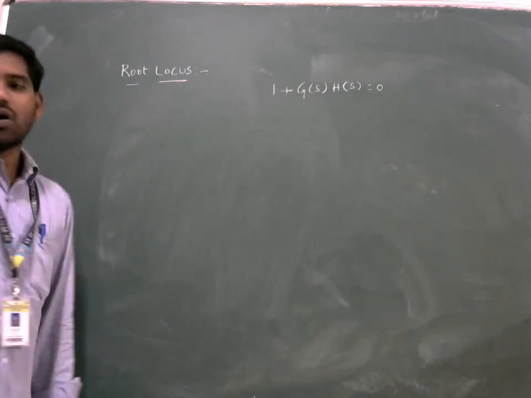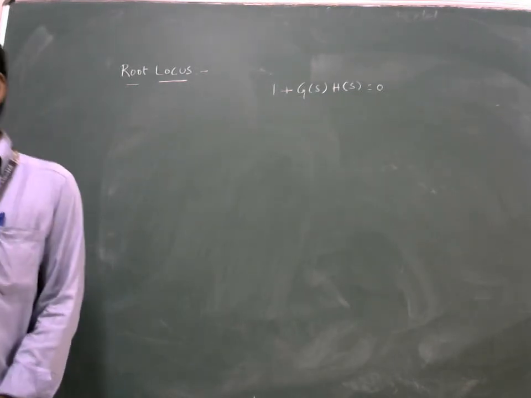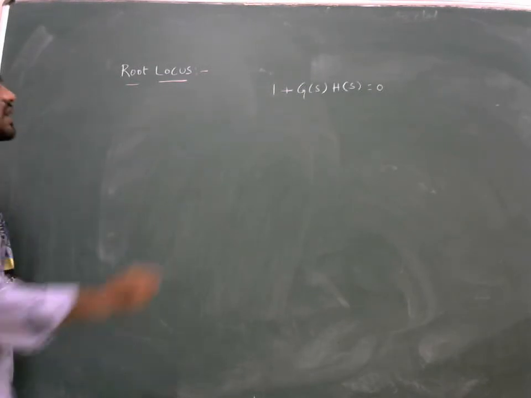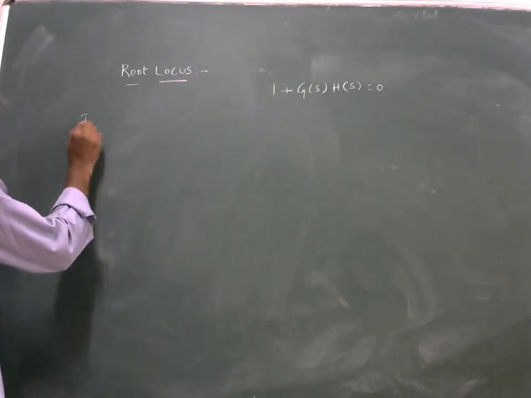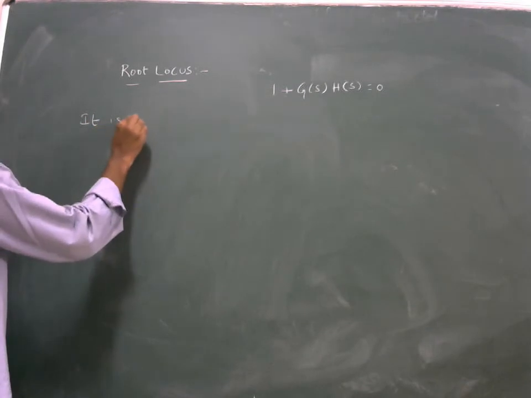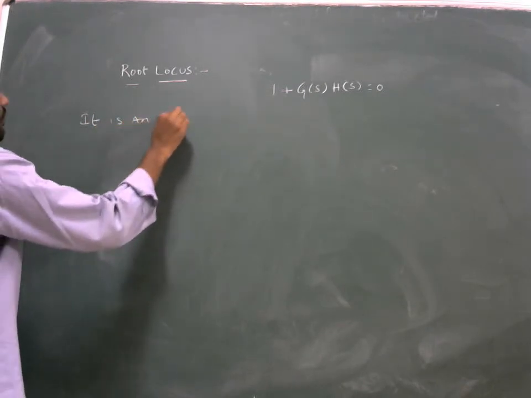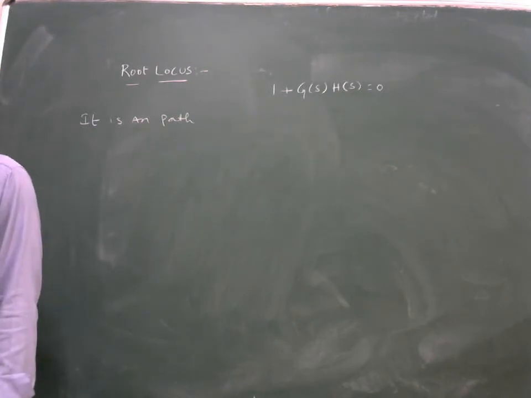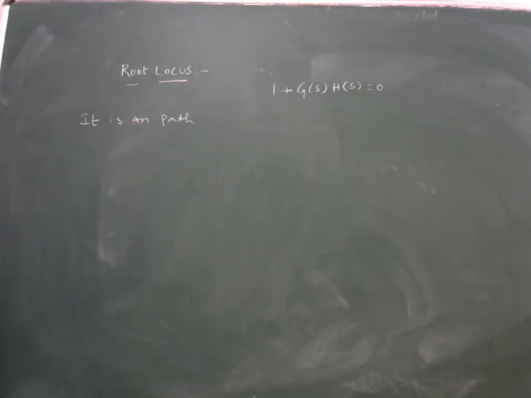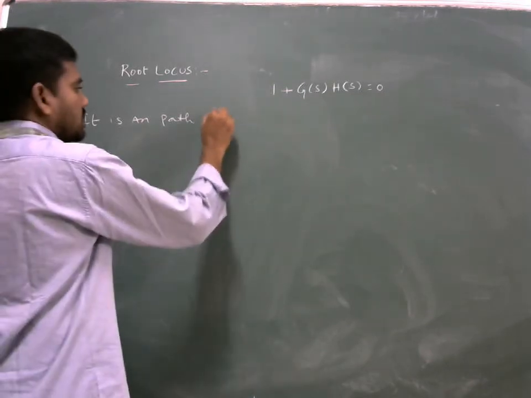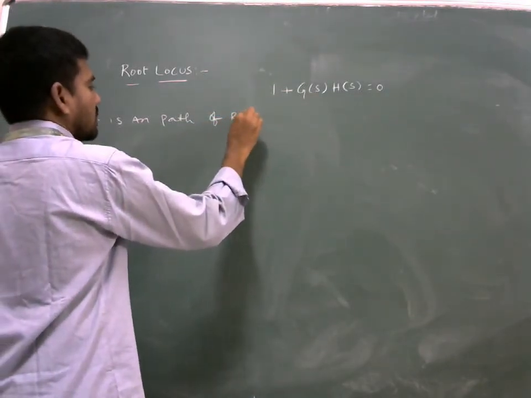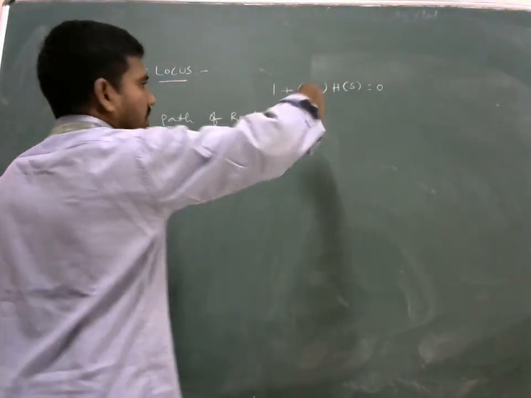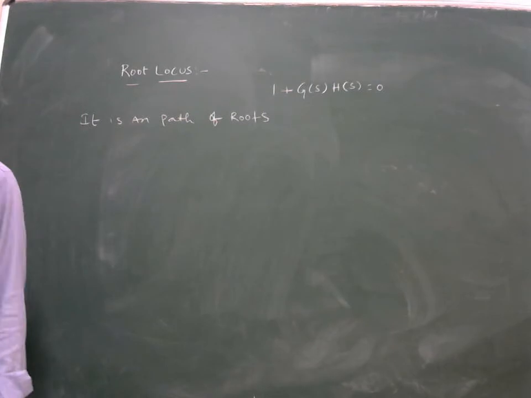Now how are we going to define root locus? The root locus is nothing but a path of the roots. If this is a characteristic equation, then we are going to get some roots.